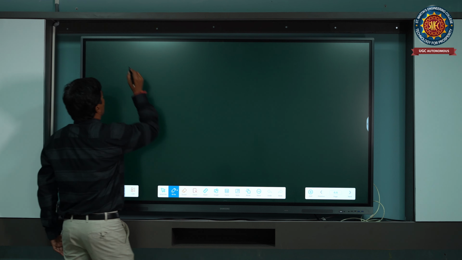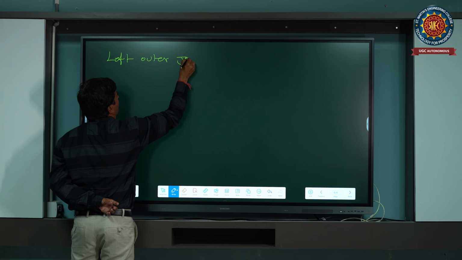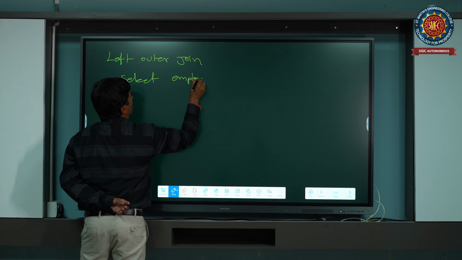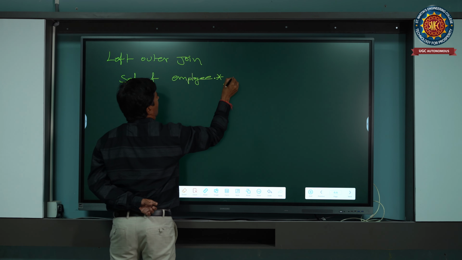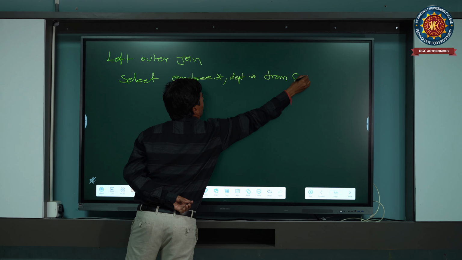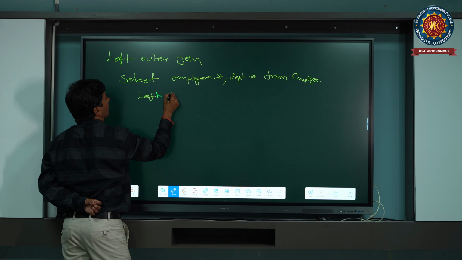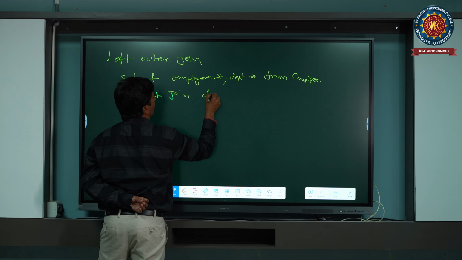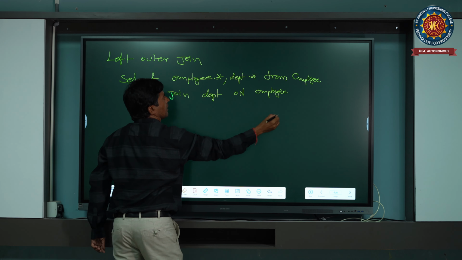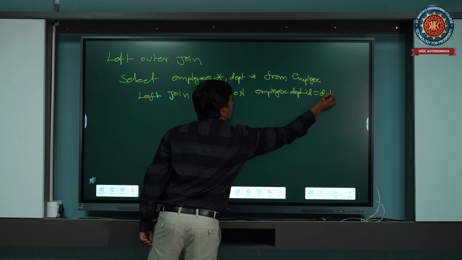For that case, we write the condition: select employee star comma department star from employee left join department on employee department ID equals department department ID.